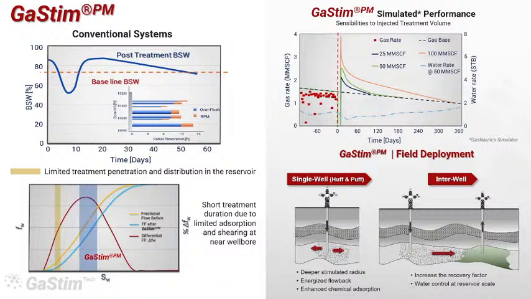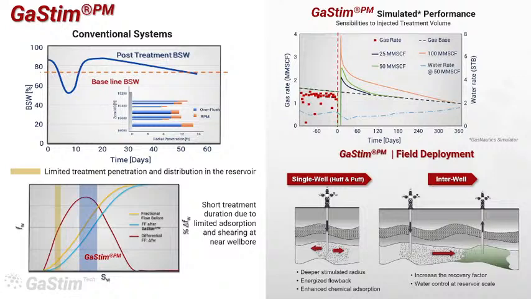As you can see in the bottom left graph, you will see two different fractional flow curves. The yellow one is the fractional flow curve before any type of treatment, and the blue one is after treatment.